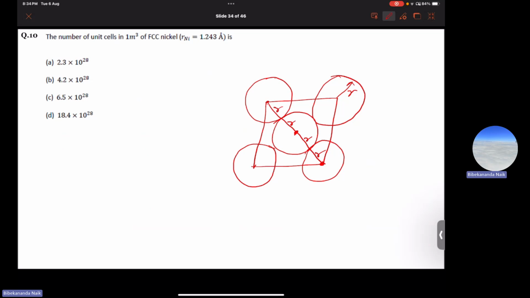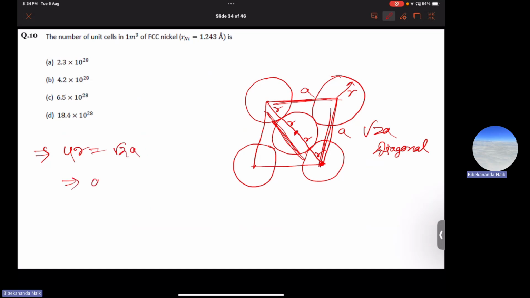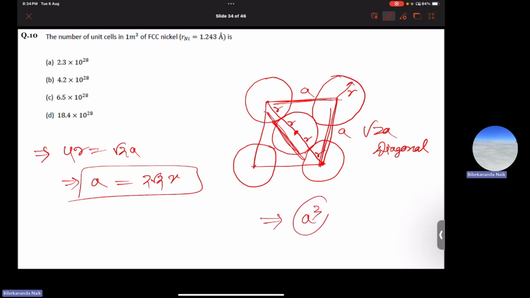In case of face centered cubic, if this is A and this is A, then this diagonal is root 2 A. As already discussed in the class, 4R is equal to root 2 A. So the relationship between A and R is A equals 2 root 2 R. If A is the side, then the volume will be A cube, which is the volume of one unit cell, and we need the number of unit cells in 1 meter cube of FCC crystal.